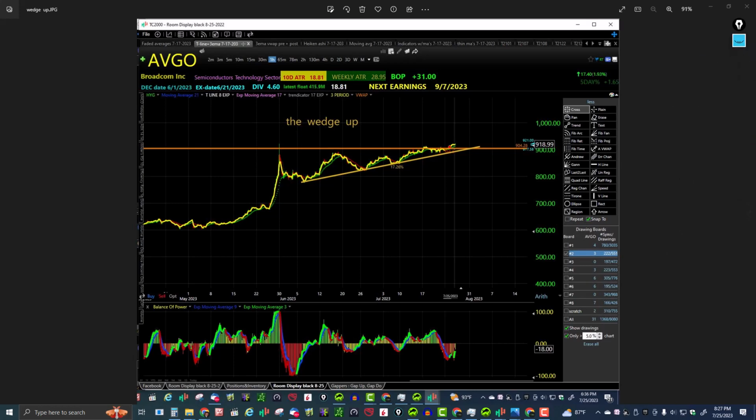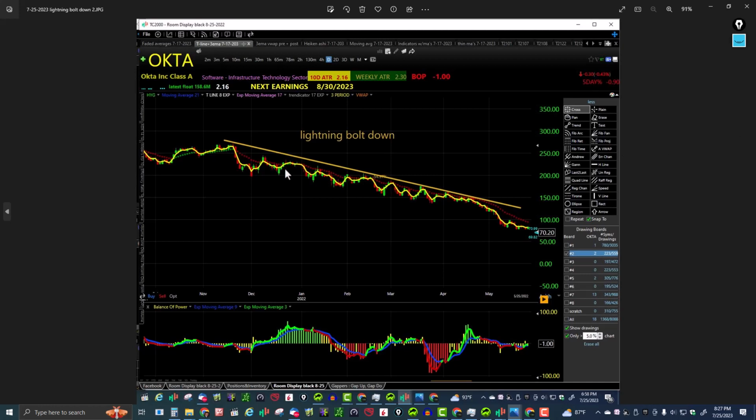And I think I already gave you guys this lightning bolt. Here's another lightning bolt on Okta. Again, you can play this. Every time it hits that trend line, gets close, you see a red candle, sell it.